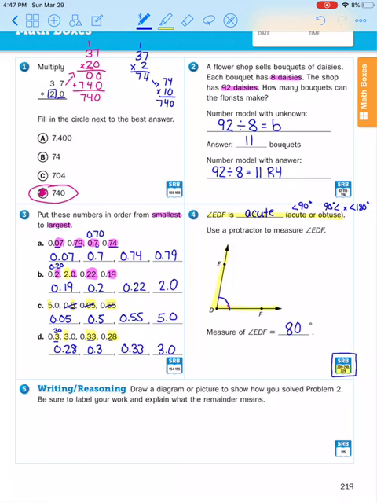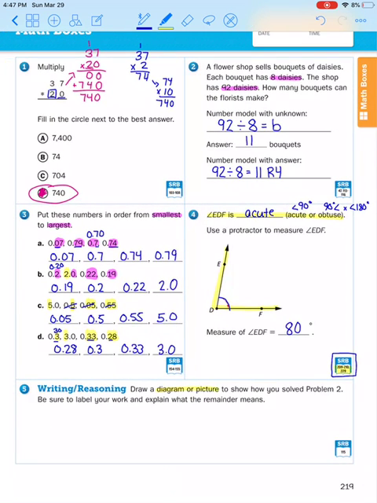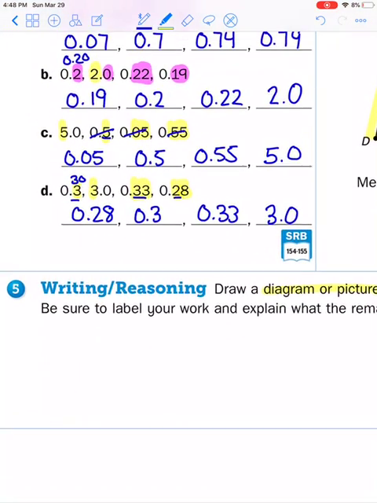Okay, writing and reasoning. Draw a diagram or picture to show how you solved problem 2. Be sure to label your work and explain what a remainder means. Okay, so you could do this a few different ways. I'm going to move up. Now we know that there's 11 bouquets. So I'm going to draw 11 squares.